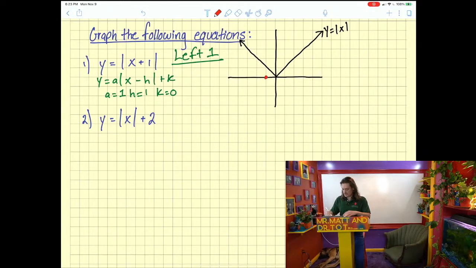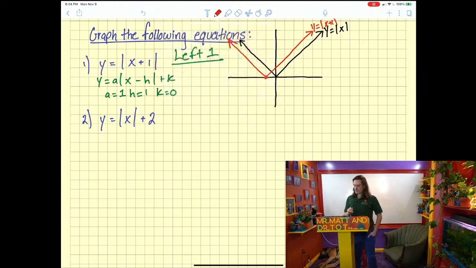And now I'm going to have the same graph, just the vertex is shifted over 1. Okay, so that is y is equal to the absolute value of x plus 1. I'm going to give you one more minute just to look at number 2 again, and then I'll give you the answer.